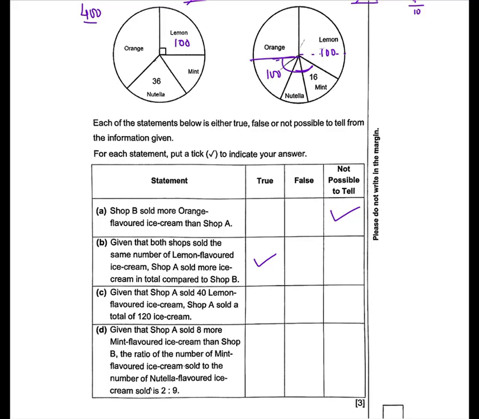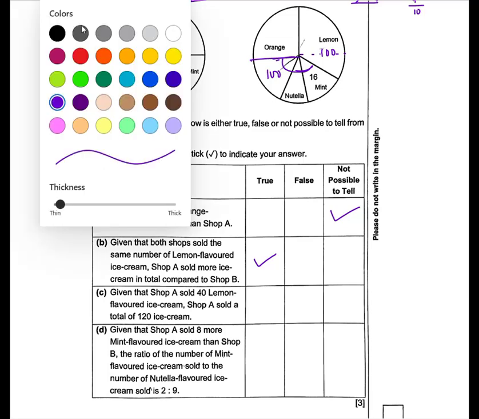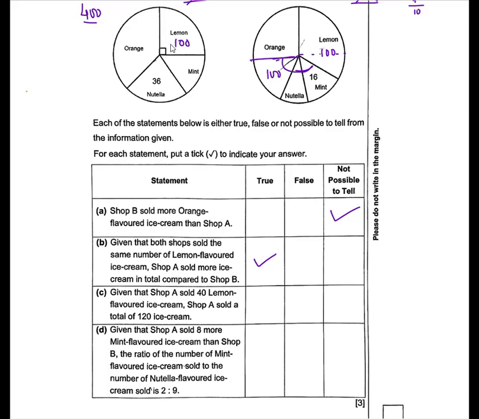Given that Shop A sold 40 lemon flavored ice creams, Shop A sold a total of 120 ice creams. So let's go back here. This is now no longer, say, 100. We just took an arbitrary number. Let's say this was 40 for Shop A, then in total Shop A sold a total of 120 ice creams.